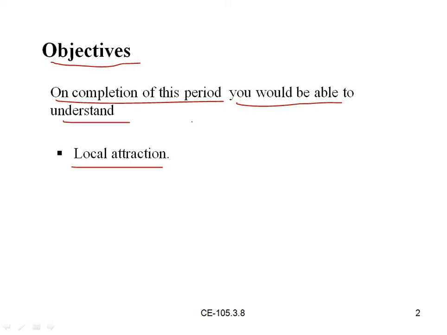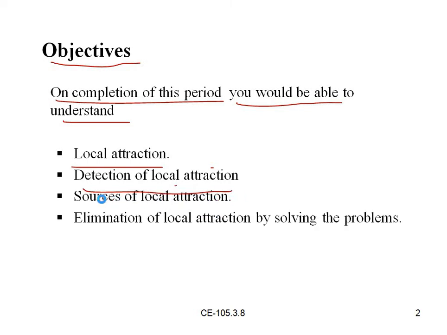To find the local attraction and rectify it, we also use the bearings method. So actually, what is local attraction? And you see here, detection of local attraction: how to detect local attraction, we will find out.